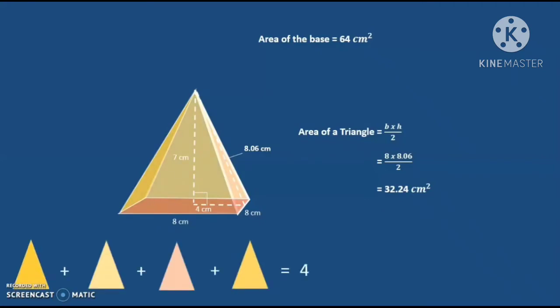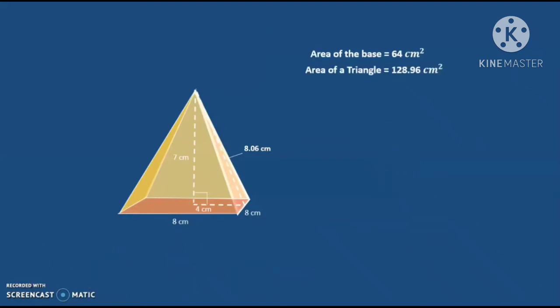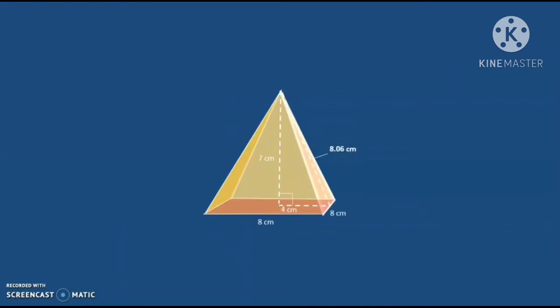We will multiply 32.24 cm squared times 4, which gives us 128.96 cm squared. Now, if we retrieve the area of the base that we calculated earlier, which is 64 cm squared, and add it to the area of the 4 lateral faces, we get 192.96 cm squared.